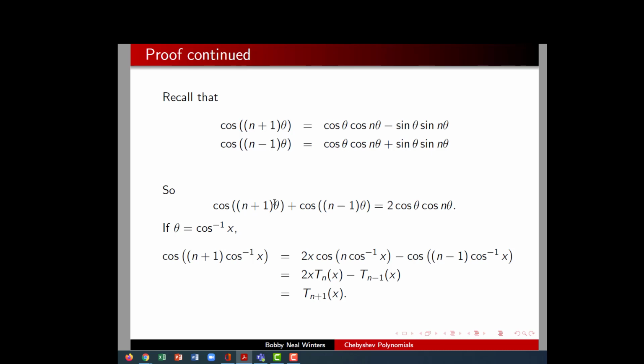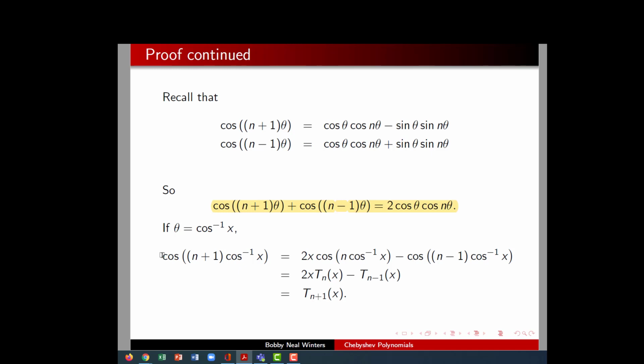Okay, so first off, we have these formulas from trig that you should sort of remember. They allow us to boil down and give us this nice little formula here. Okay, and then we let theta be substituted by cosine inverse of x.